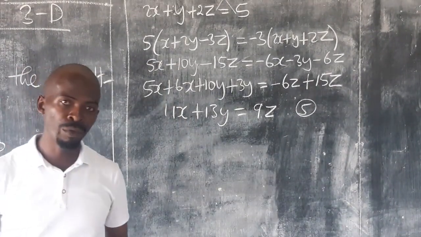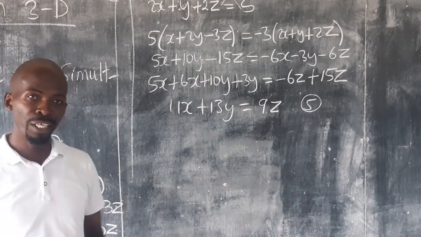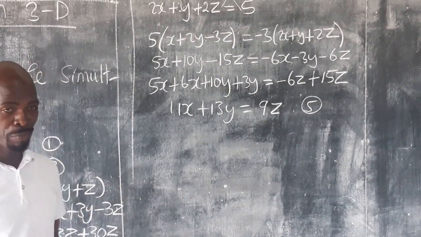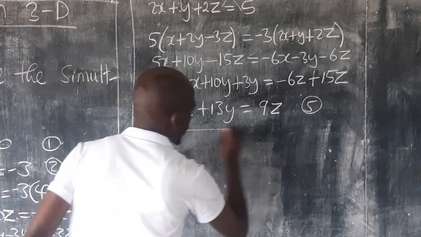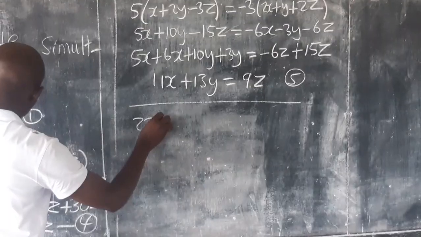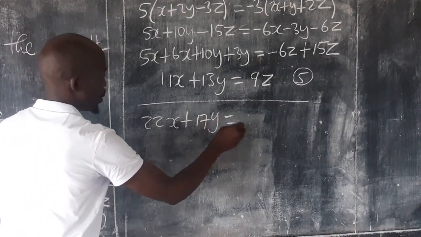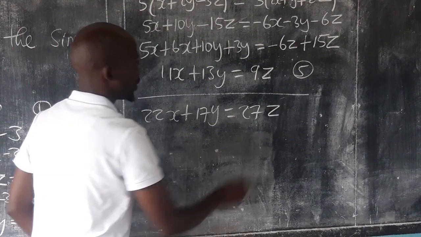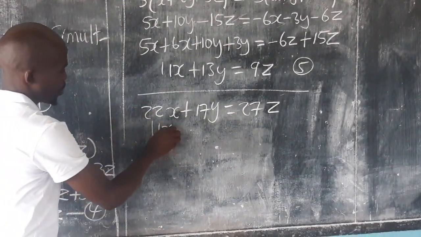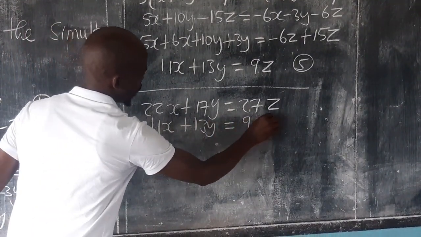The fifth equation and the fourth equation must now be solved simultaneously to get the values of x and y. So we put the fourth equation here, 22x plus 17y is equal to 27z, and 11x plus 13y is equal to 9z.